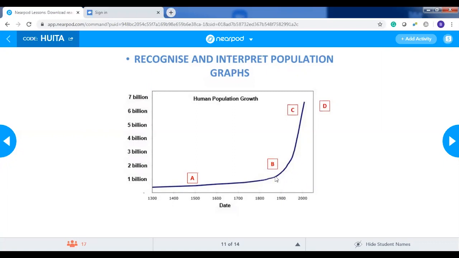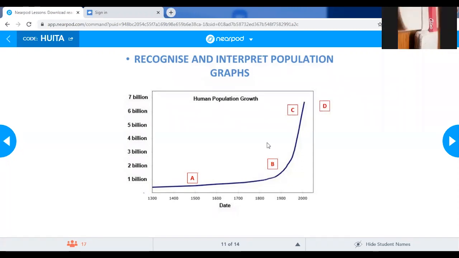So many aspects of human life changed. They had more resources, more food, more medical supply after the industrial revolution. And this is why the human population started to grow. And now we have C and D, which aren't present yet, and which represent the stationary phase and the death phase.